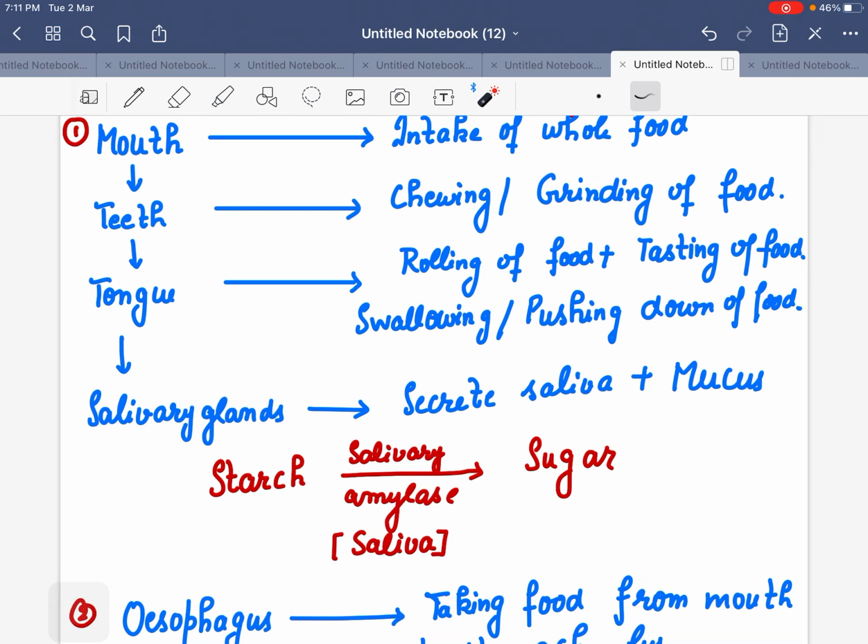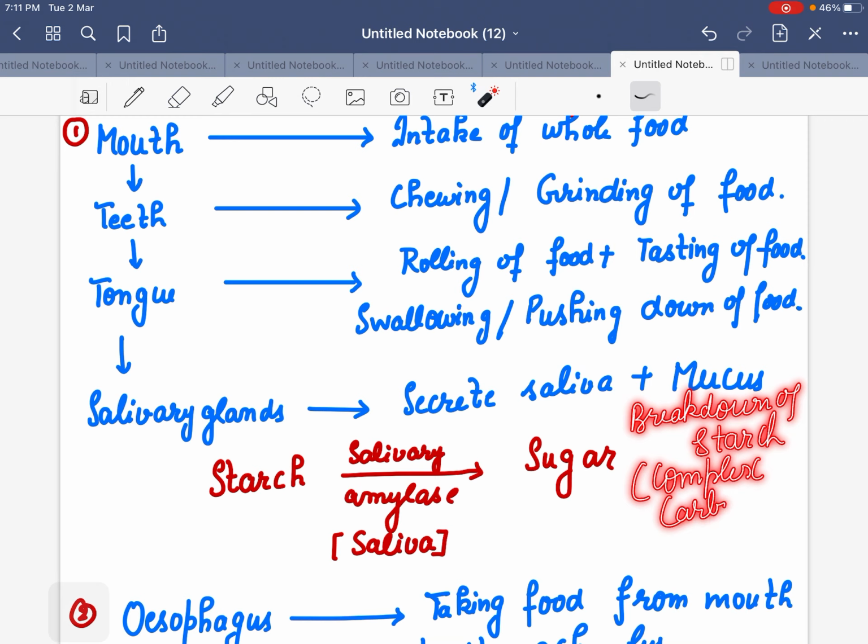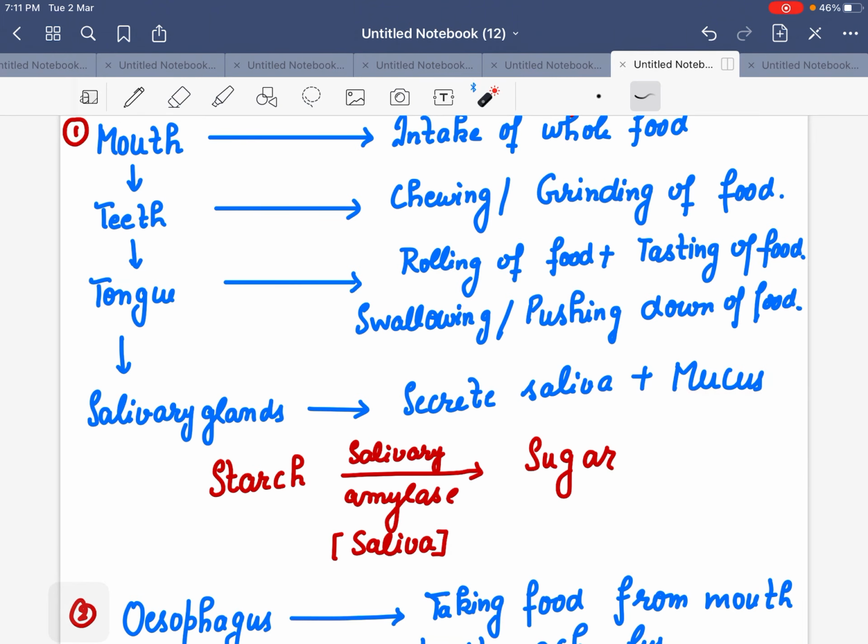Who is secreting saliva? Salivary glands. And what is the role of salivary amylase? It helps in breakdown of starch. What is starch? Starch is a complex carbohydrate, and we have broken it down into small parts, that is your sugar.